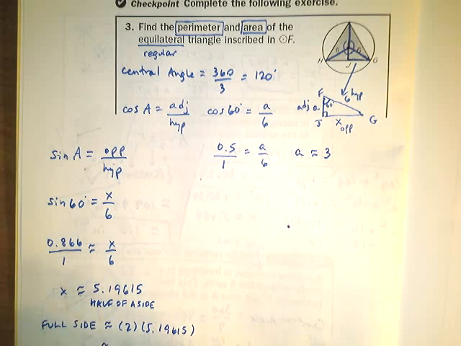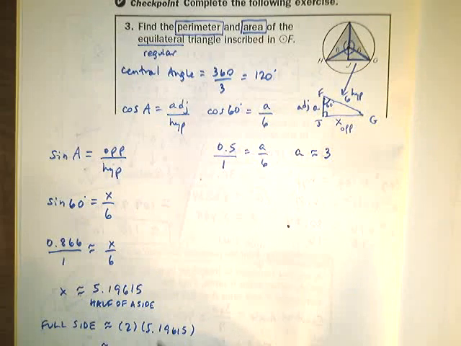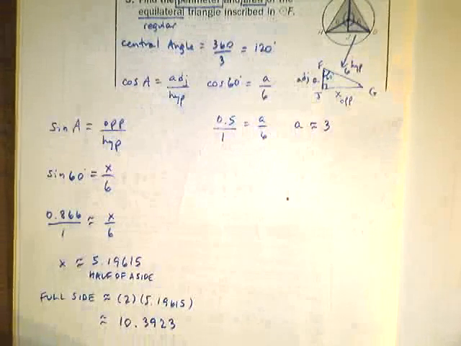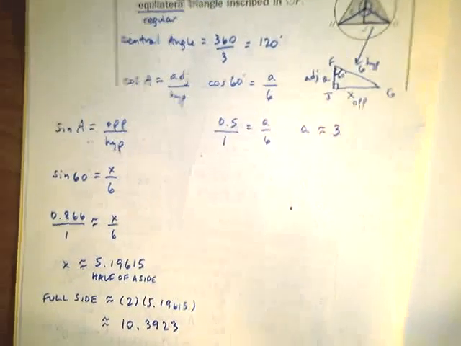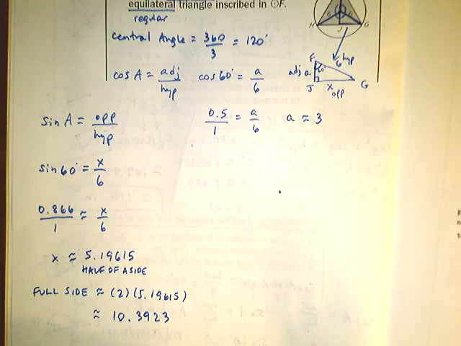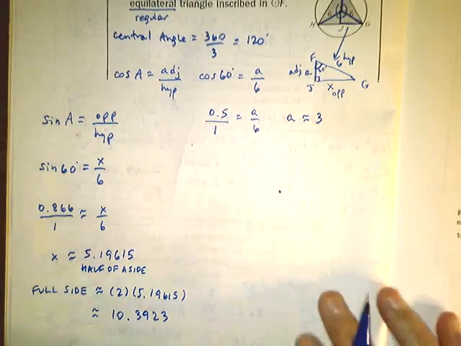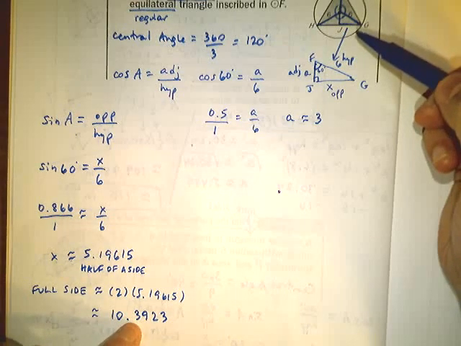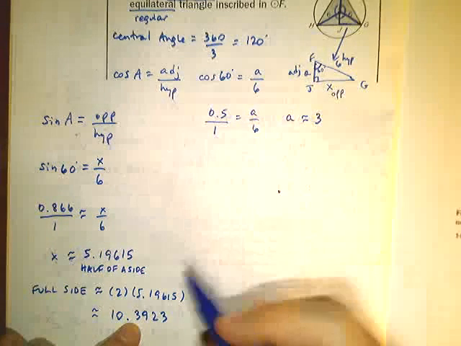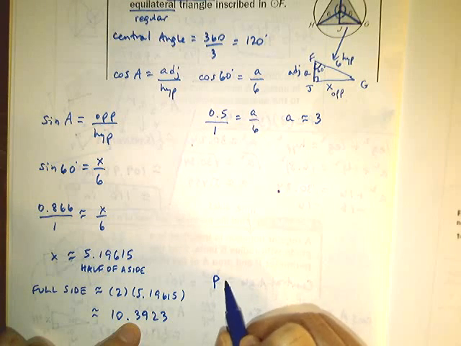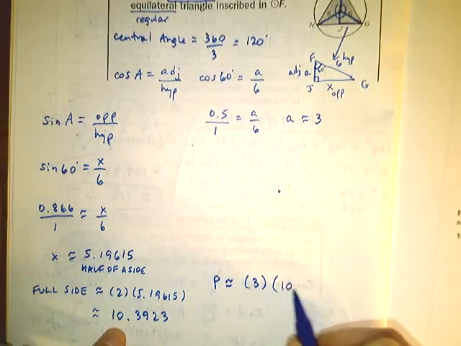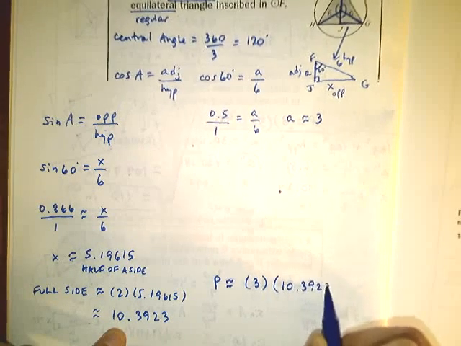So a full side on my triangle has a length of about 10.3923. Okay, so we're almost there to figure out the perimeter. Since this is a triangle, and one side has a length of 10.3923, to find the entire perimeter, I just take the number of sides, which is 3, times the length of each side, which is 10.3923.